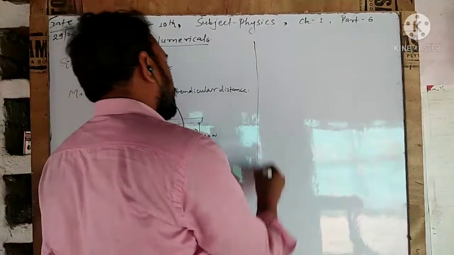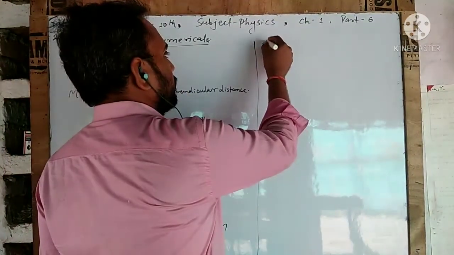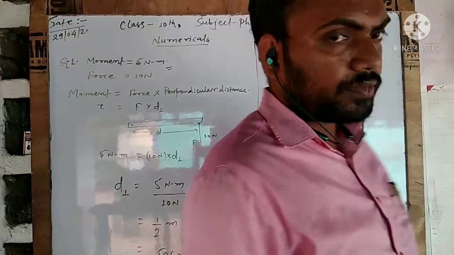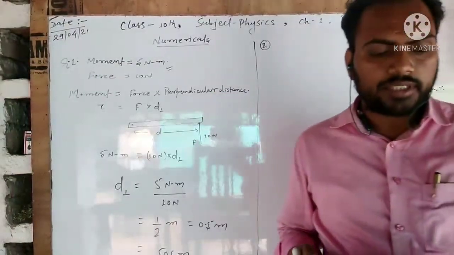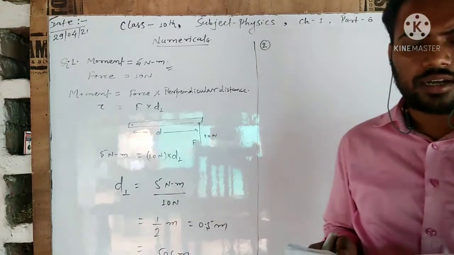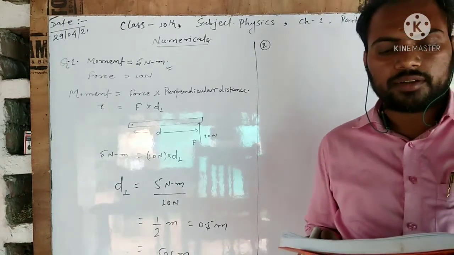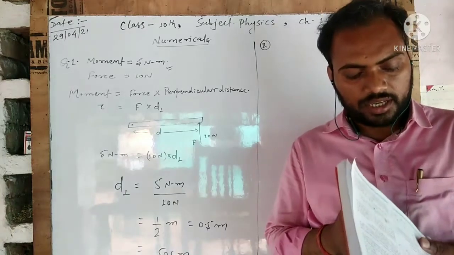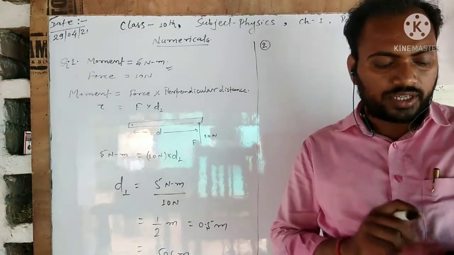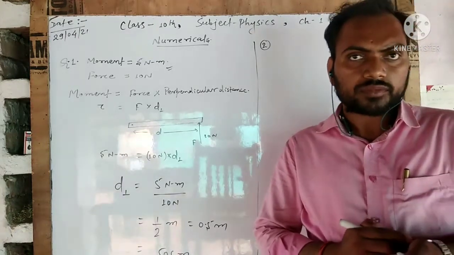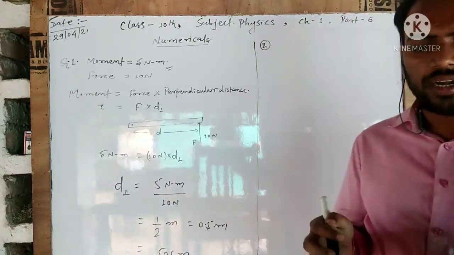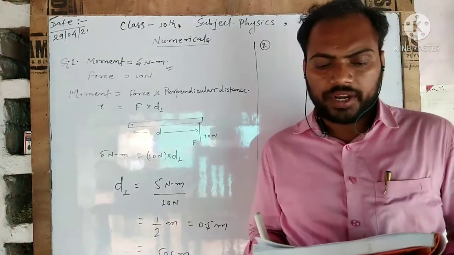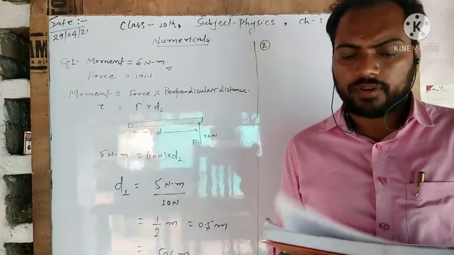Now move to the second numerical. The second problem says that a nut is opened by a wrench of length 10 centimeter. The nut is opened with the help of that wrench.